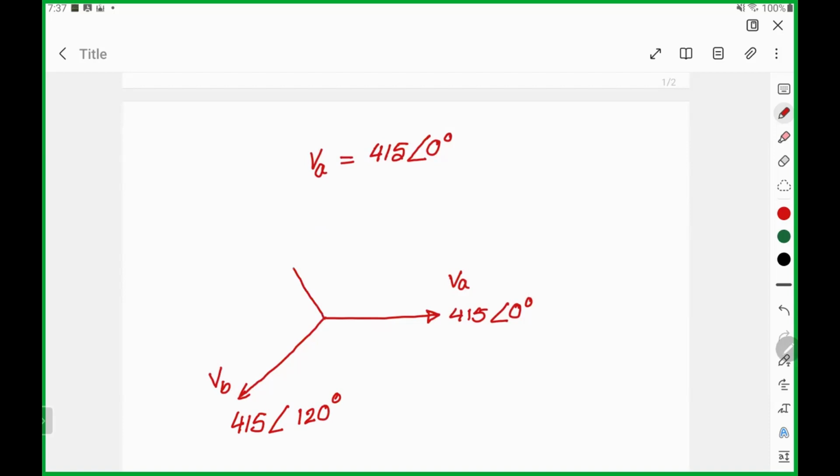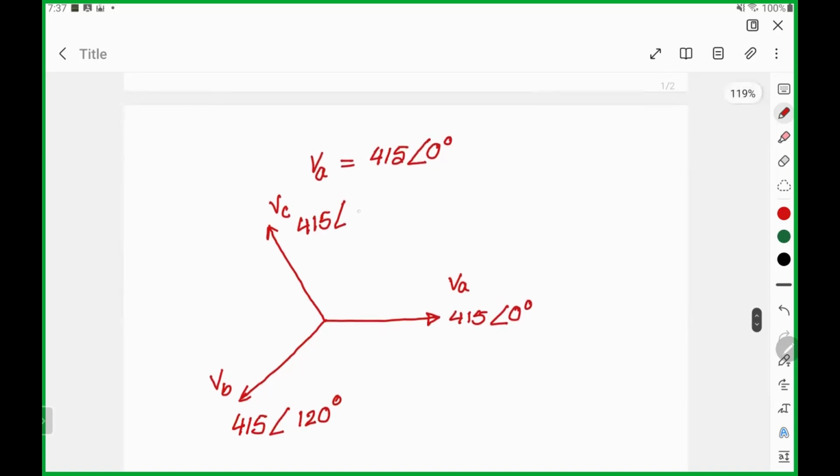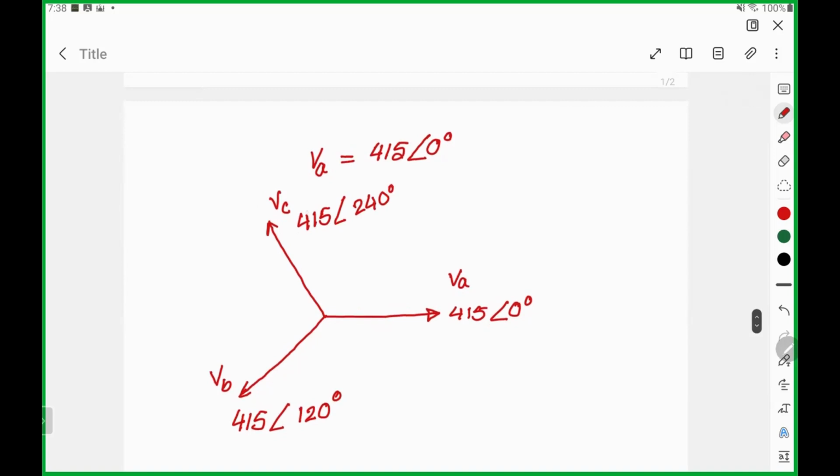Then we have VC, which is 415 with an angle of, what is the angle? Minus 120, or 240 positive. So this one is 240 positive, and this one is actually 120 positive.